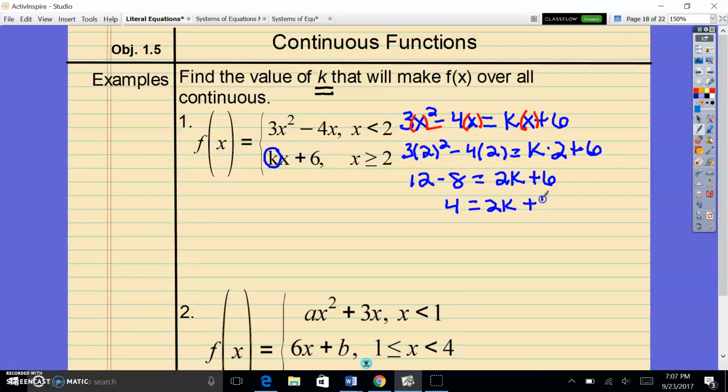I just need to continue solving. And you see here that k must be, that's a positive 2 I'm dividing by, so k must equal negative 1. If k is negative 1, I'm guaranteed that these two pieces will meet.